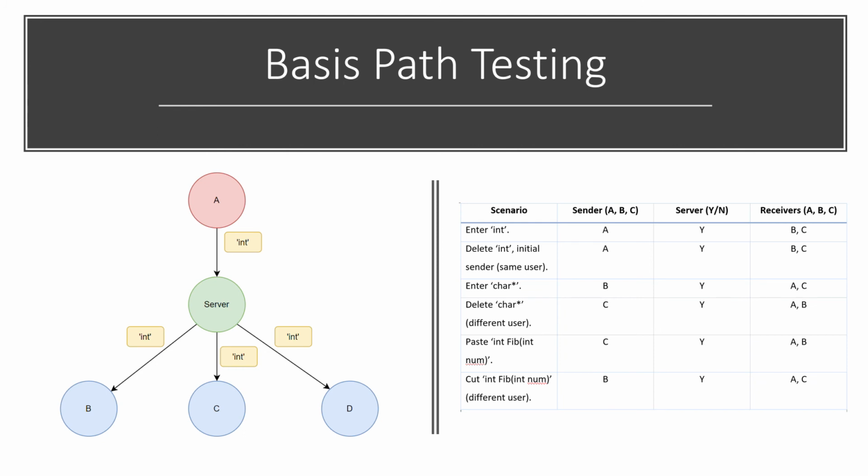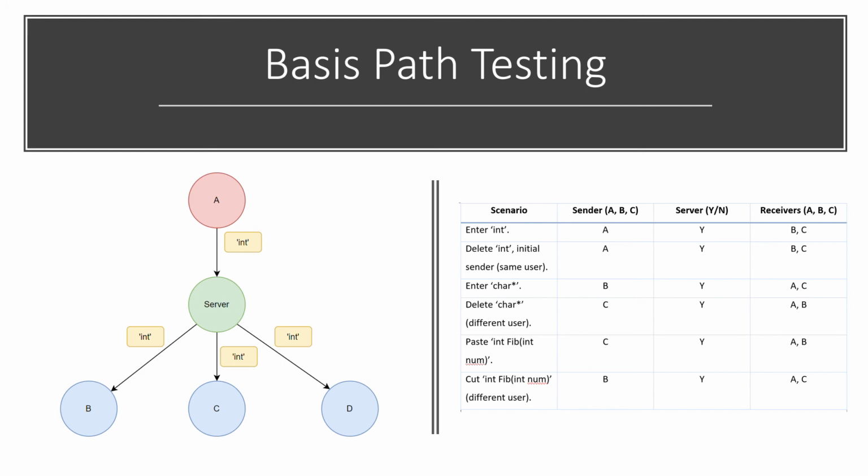So this is basis path testing, and the idea here, as you see on the graph on the left, is that I was basically ensuring that when a user sent a message, the other users would receive it. For this testing I wasn't too worried about whether it came through in the correct manner, as in, if someone typed an int, that it was an int that came through on their side.